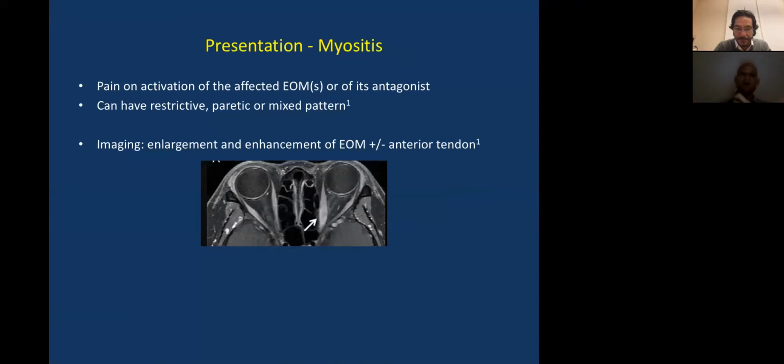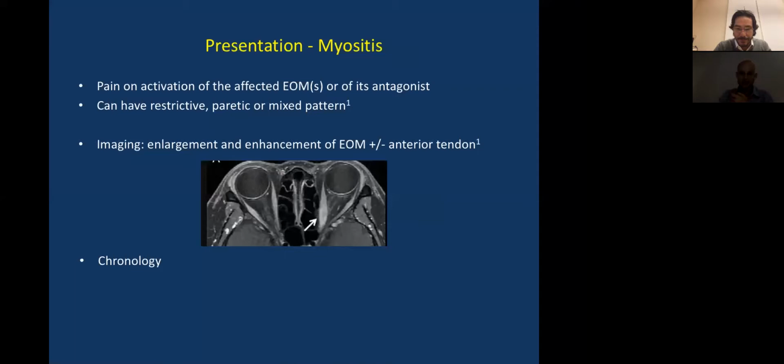We know that in thyroid-associated orbitopathy, the anterior tendon should not be involved, but if the anterior tendon is not involved, it doesn't mean that the patient does not have autoimmune or idiopathic myositis. So the tendon being involved is indicative of myositis that isn't thyroid disease, but it is not a very sensitive sign. It's more so a specific sign.